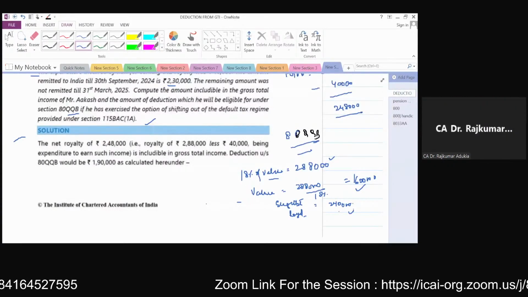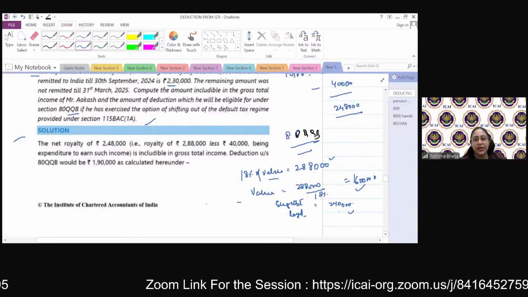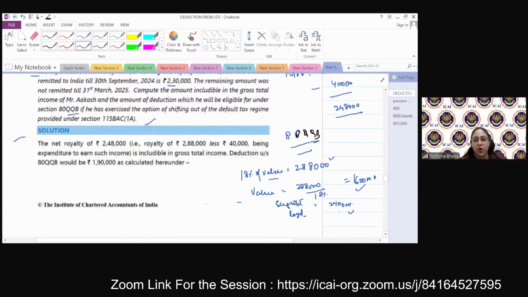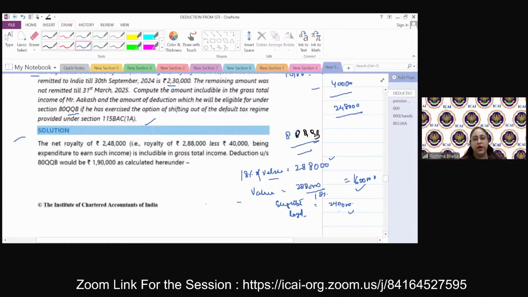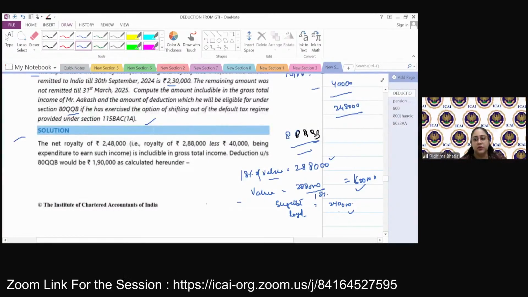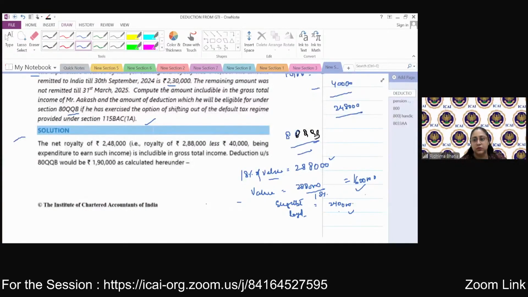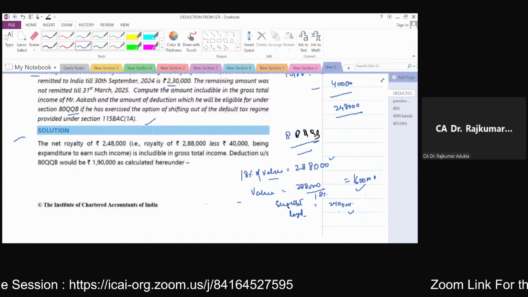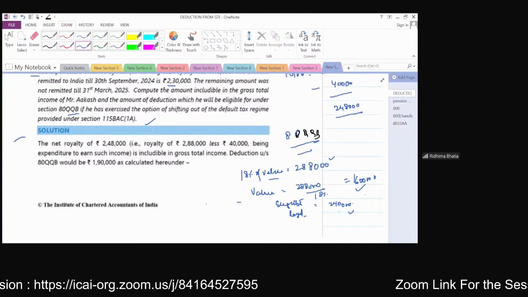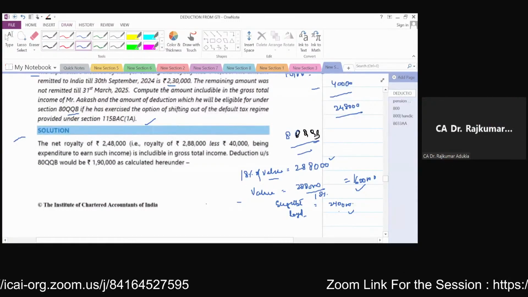16 lakhs? How 16 lakhs? Simply, 2,88,000 is 18% of the total value. So if I have to calculate the value, we come to the unitary method: 2,88,000 divided by 18%.